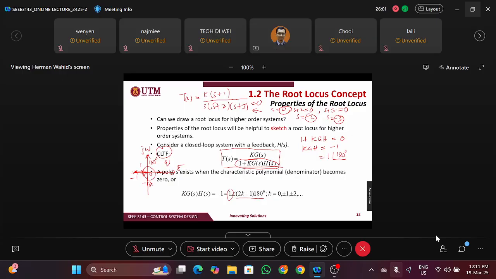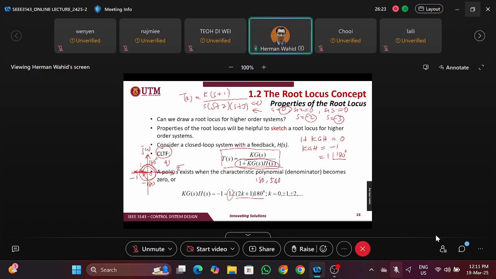Or we can have a full cycle and repeat it again, so we have 360 plus 180, which is 540.